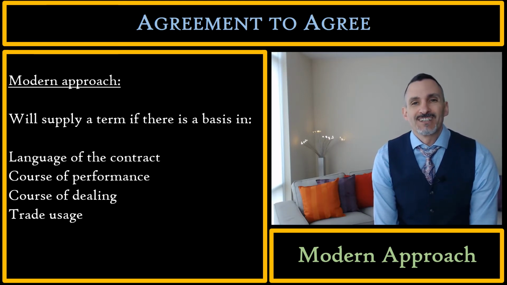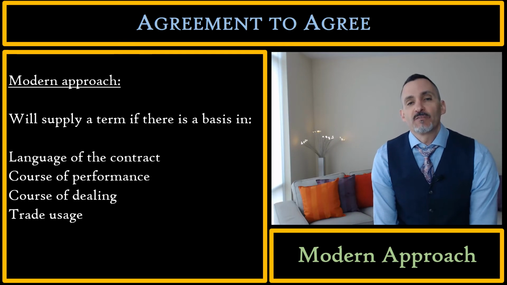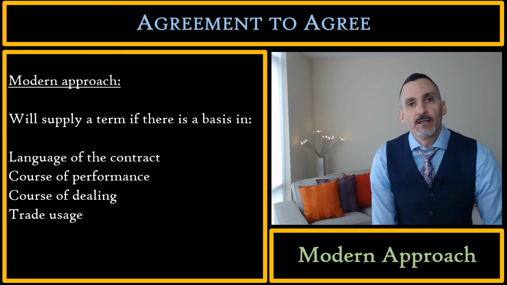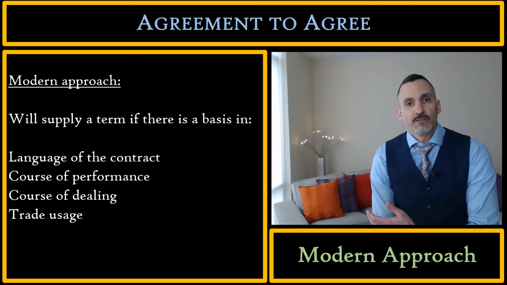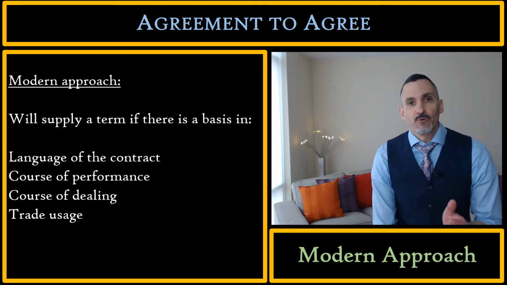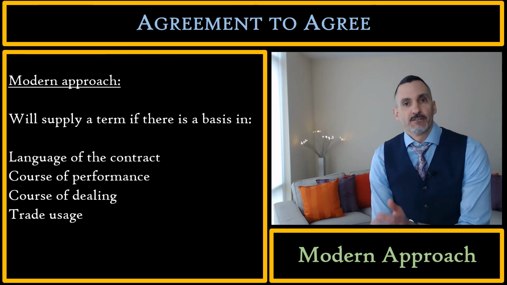Course of performance is how the parties have performed under this contract. So if there is an agreement to agree on a material term in the contract, and over the course of this contract they've already gone through a process of agreeing to it several times, right?